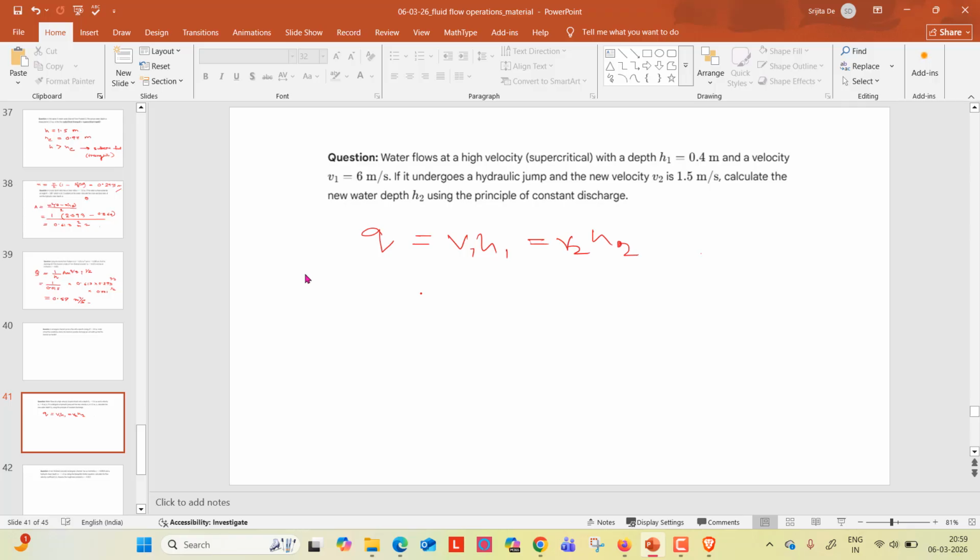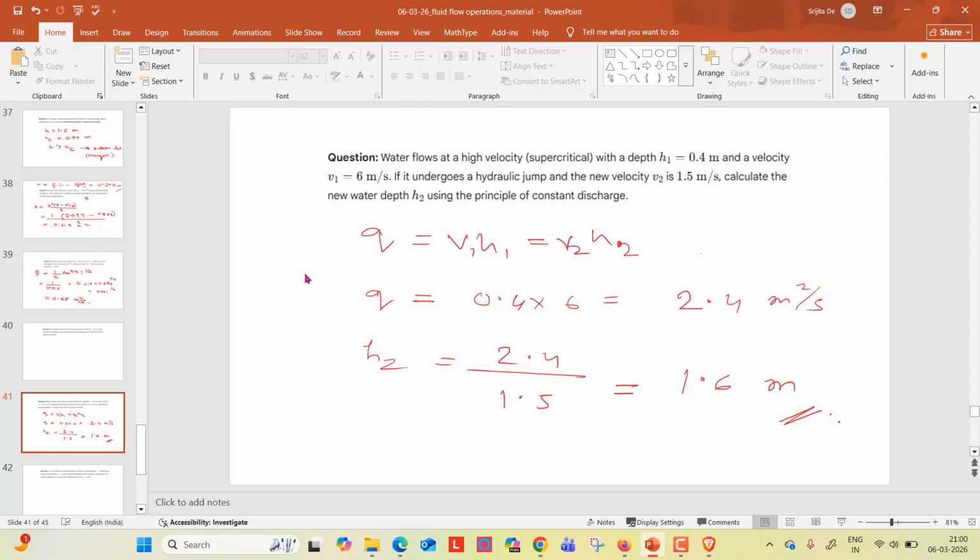So q will be 0.4 into 6, that is 2.4 meter square per second. Now h2 will be q by v2, 2.4 by 1.5. It is becoming as 1.6 meter.